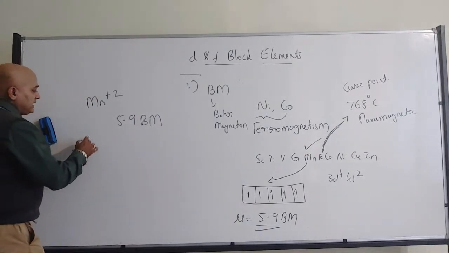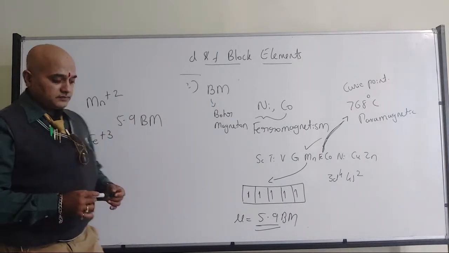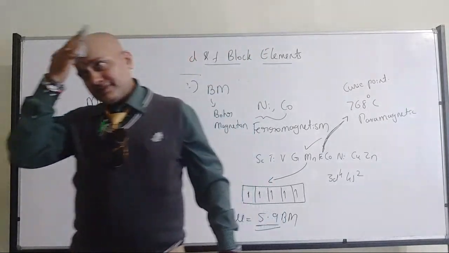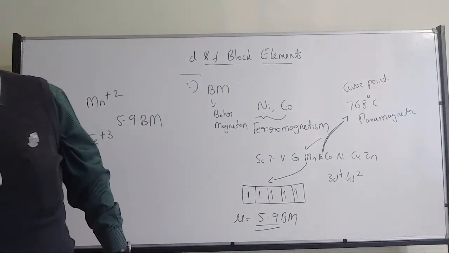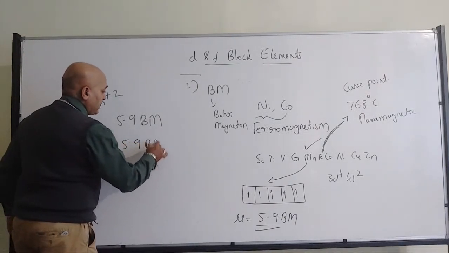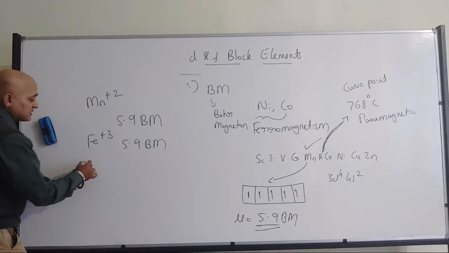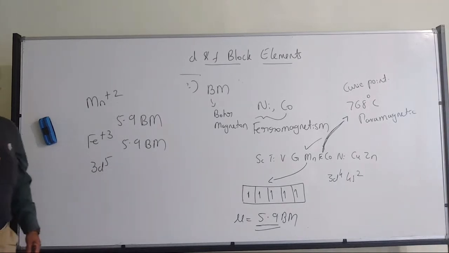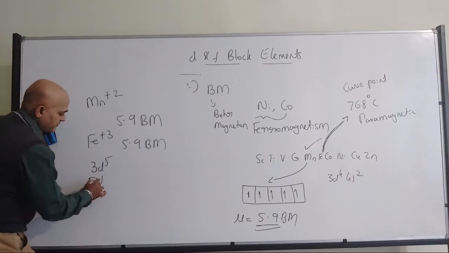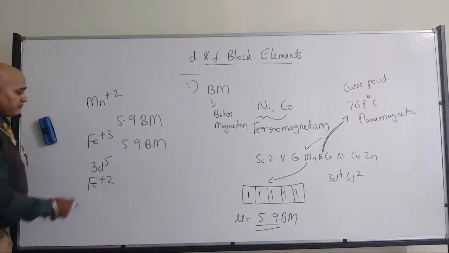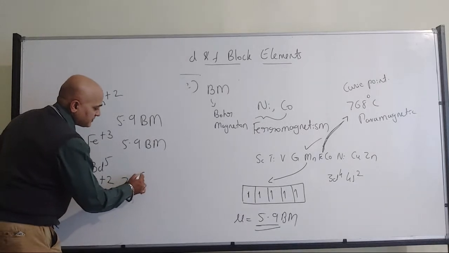If I take Fe plus 3, it will also be 5.9 Bohr magneton, because Fe plus 3 also has 3d5 and 4s0. Now Fe plus 2, ferrous, ferric: ferrous means 3d6.